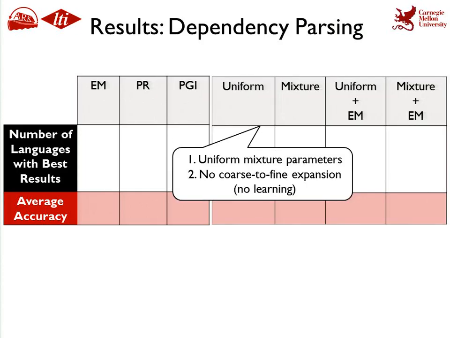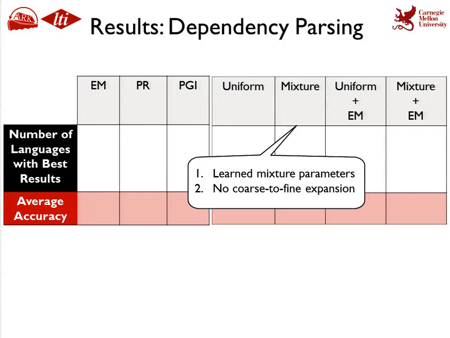The first is uniform mixture parameters, but no coarse to fine expansion and relearning. The good thing about grammar induction is that we just want dependency arcs, so doing it at the level of fine tags is not essential. The second model is similarly learned mixture parameters, but no coarse to fine expansion.